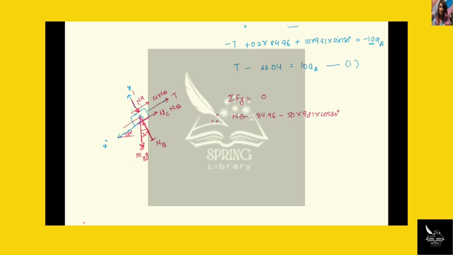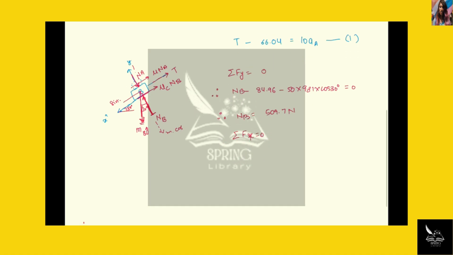So this vertical force will be acting here by cos theta and here sin theta. And this equals 0. On solving this we get our NB as 509.7 Newton.